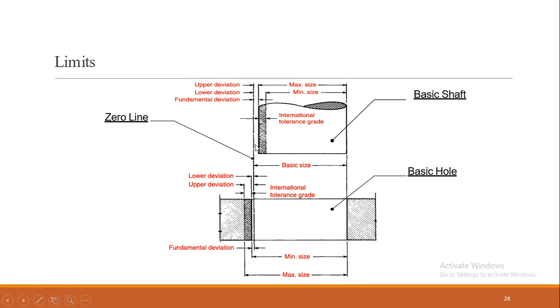So this is the zero line. The zero line is our required line, but due to some tolerances, we will get these deviations, upper deviation and lower deviation. In the shaft, the maximum size is the bolt dimension and tolerance.